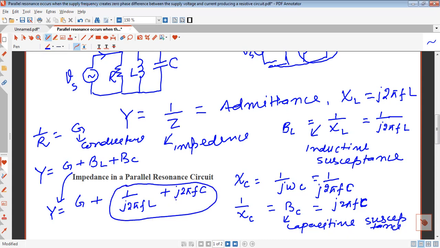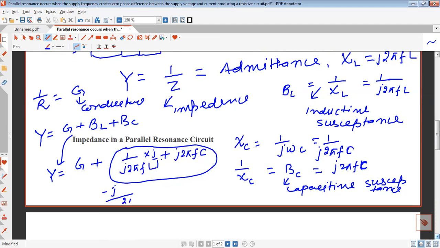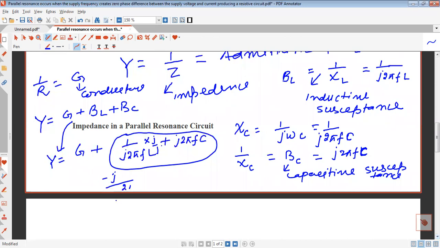Multiplying and dividing by J, J into J will be minus 1, so we get minus J divided by 2 pi f into L plus J into 2 pi f into C equal to 0.